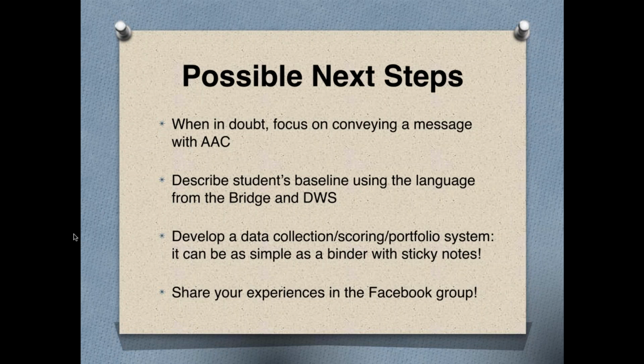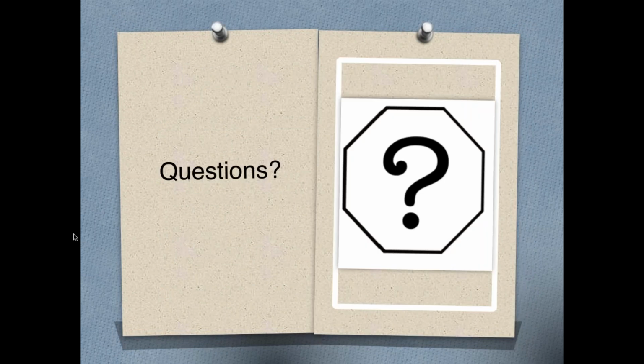It can be really simple. It can just be a binder where you're putting all their writing samples in, and maybe you're putting them in different sections based on what tool was used to generate that writing, or you're just going to put a sticky note on it to talk about whatever context people need to know about that writing sample. And then by all means, we really encourage you to share in the Facebook group so that we can hear what's working, what's not, and go from there.